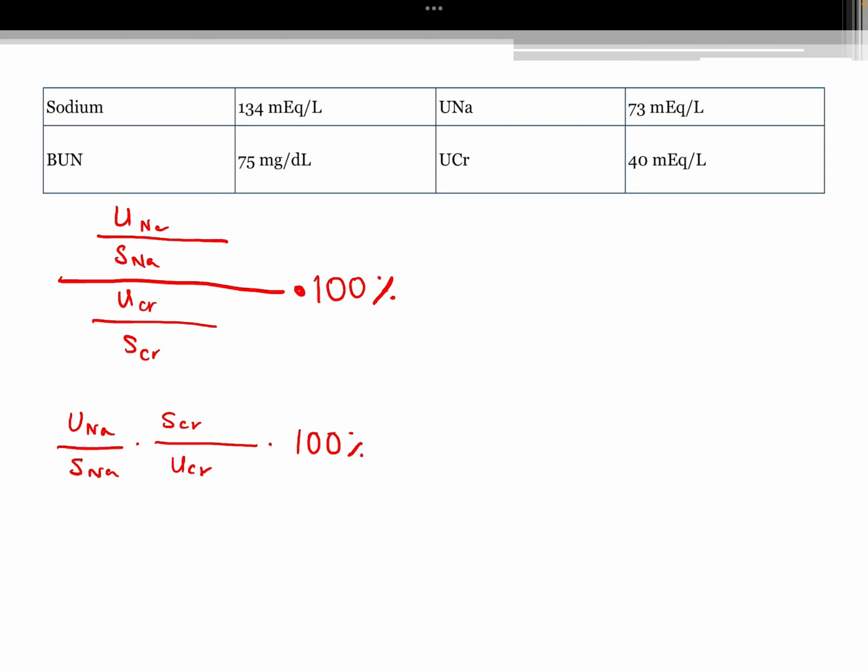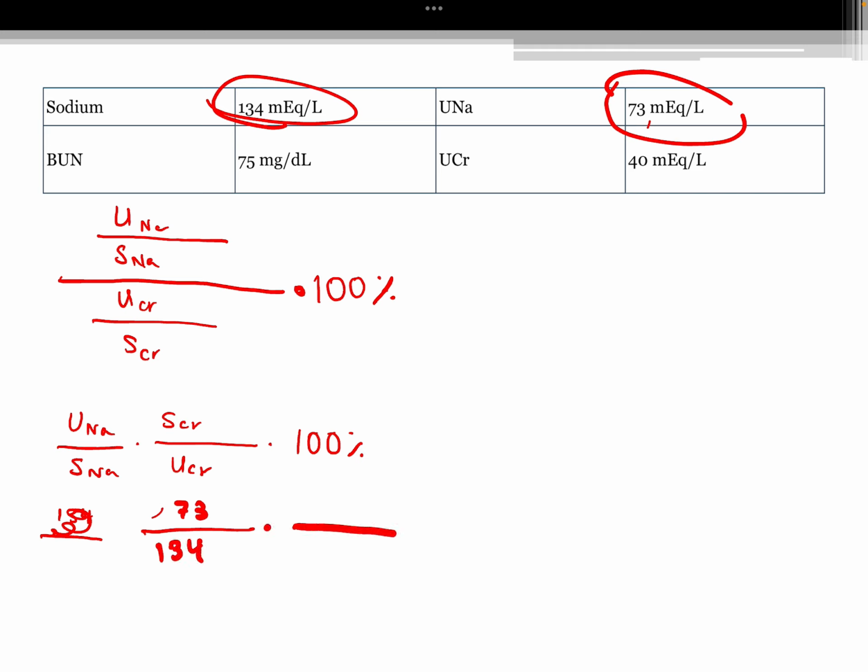Let's plug and chug. I'm sorry, I actually did that wrong. Let's try this again. Our urine sodium is going to be 73. Our serum sodium is 134.